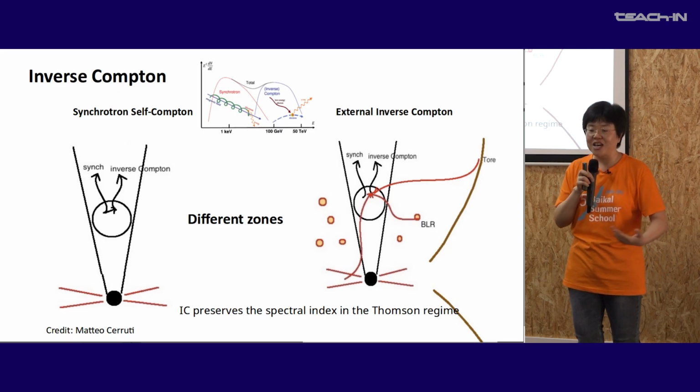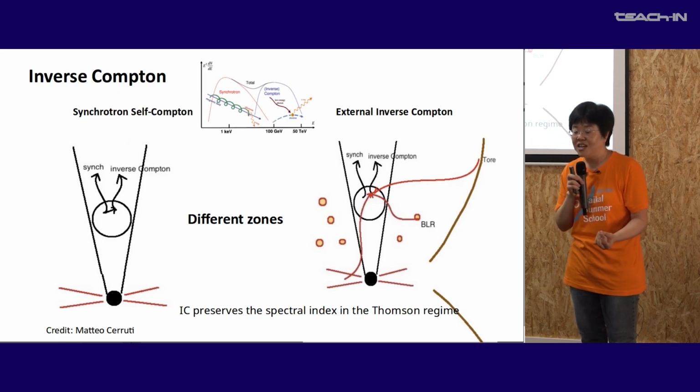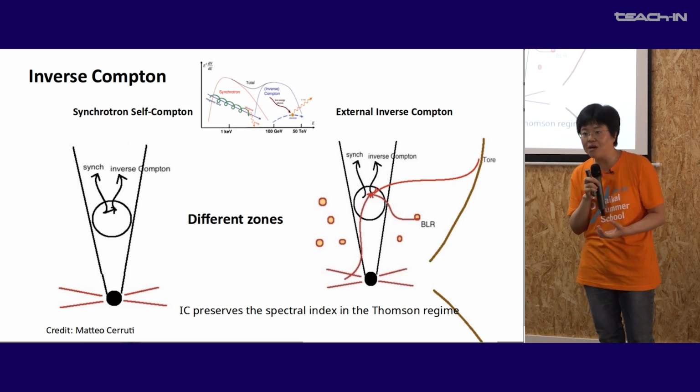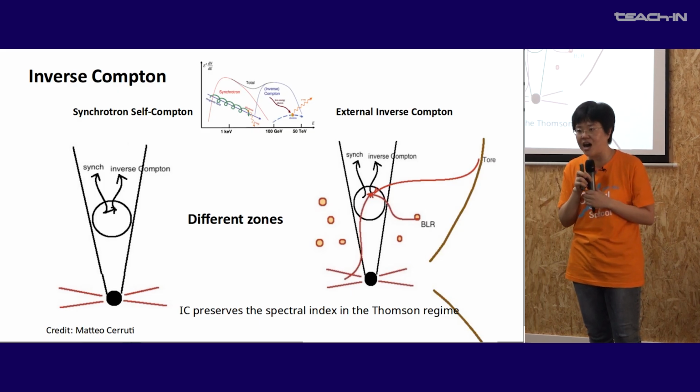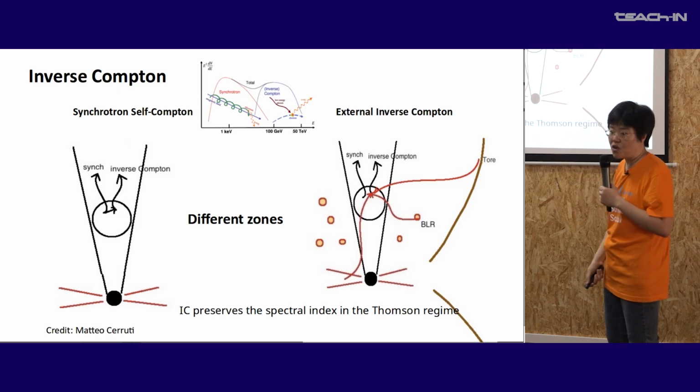At least they have black body radiation. Those are your target photons, and your electrons will interact with them via the inverse Compton process and emit higher energy gamma rays. So those are the inverse Compton.